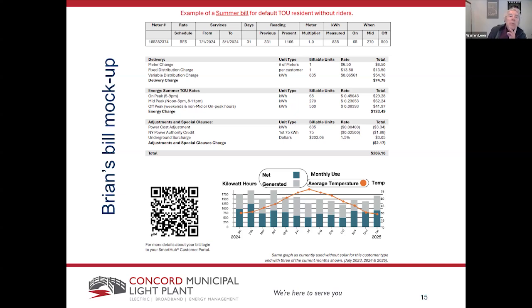Let me ask Jason and Laura, this is implying a bill that doesn't have people's name and address on this page. In a sense, it's a two-page bill. Is that okay? Yes. Okay.